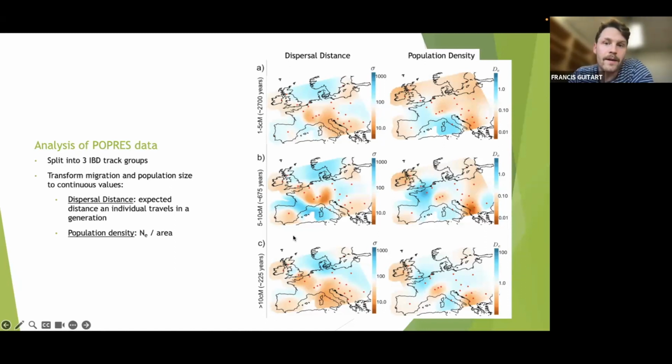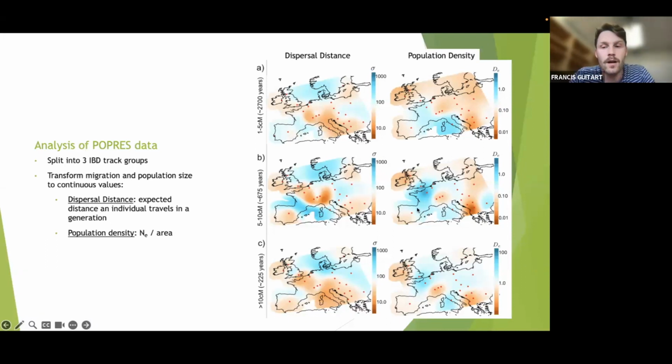And then because we're dealing with real world data, they took their migration and population size parameters and tried to make them more continuous. So we have dispersal distance, which can be explained basically as the average distance an individual is expected to move within a generation, as well as population density, which is just population size divided by a given surface area.